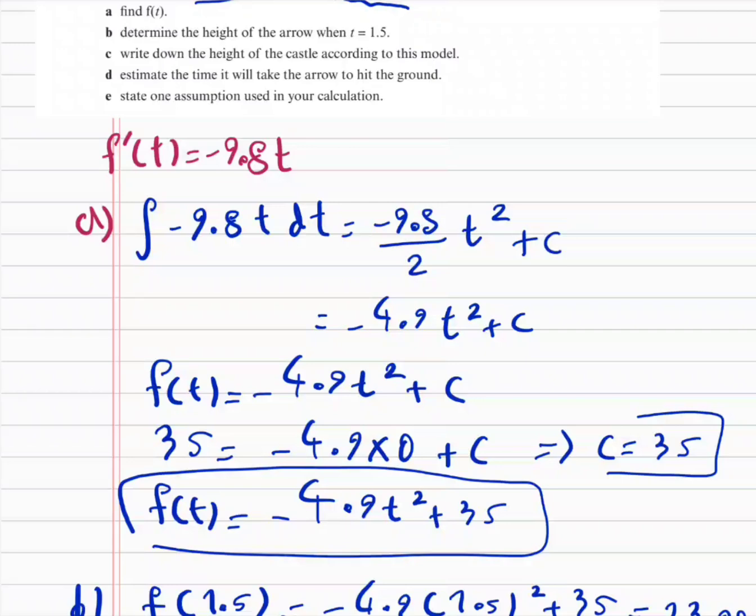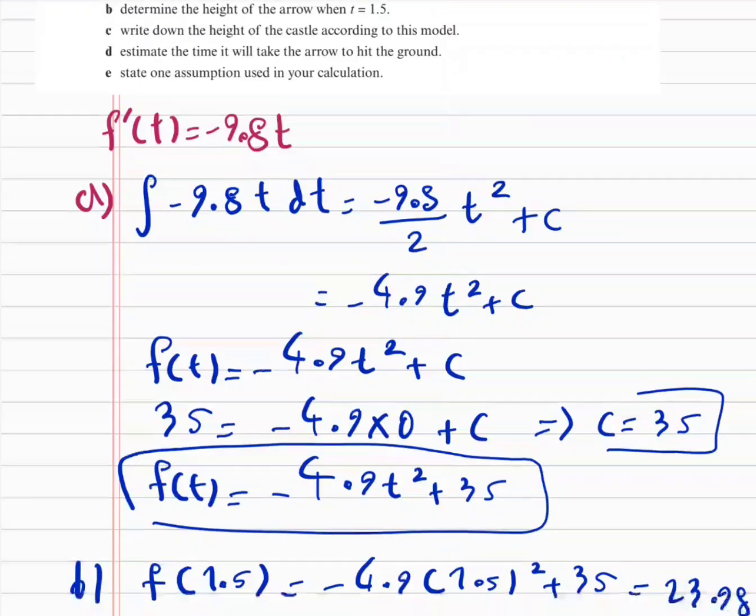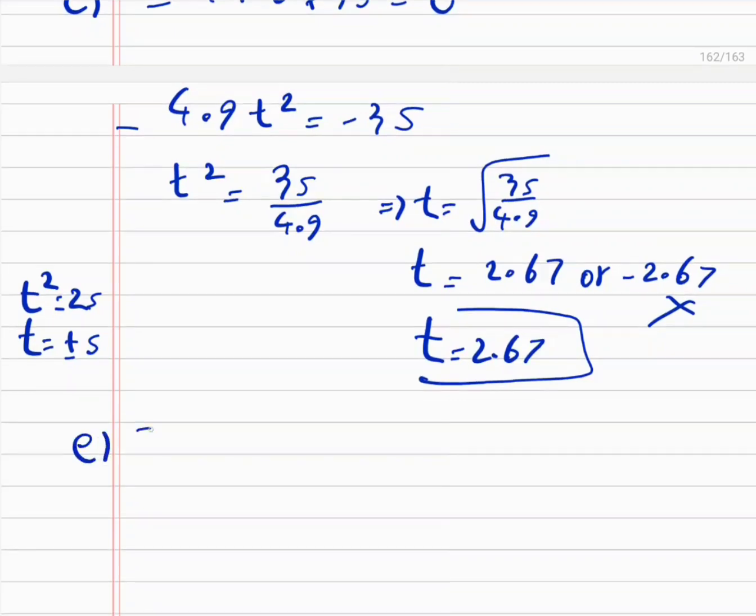But since here we just assume that the ground is flat, then we can simply set the value of f of t at 0 and then just solve the equation. So we can just say that we assume that the ground is flat.